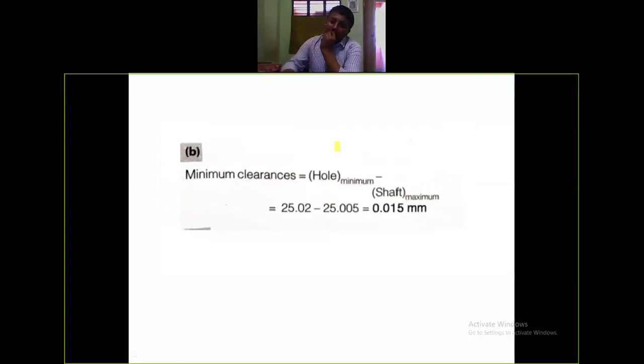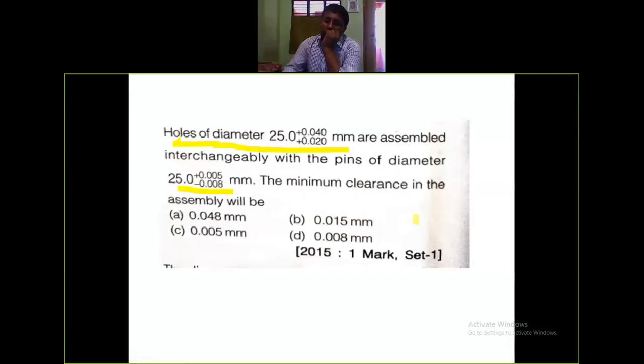If you subtract these two values, which is hole minimum minus pin maximum, where the pin is considered as the shaft, we get 0.015 millimeter as the answer. So the correct answer will be this one.